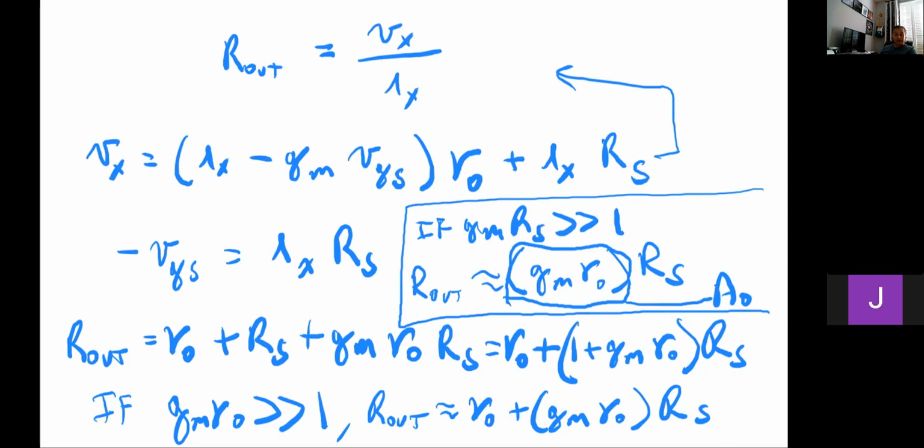So let's summarize what this does for us. Let's summarize what the common gate amplifier does for us when we put it between the common source, which is the actual transistor doing the amplification, and the load that we need after that common gate.